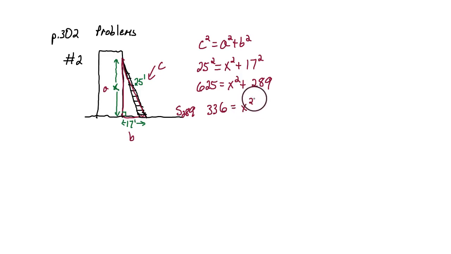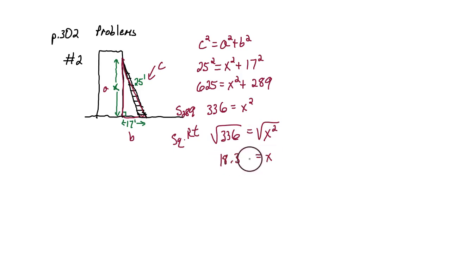How do you remove squaring? That operation is called square root. So we want to take the square root of both sides. The square root of 336 is about 18.3. And we're told that that distance is being measured in feet. So here's how high up the wall a ladder can reach.